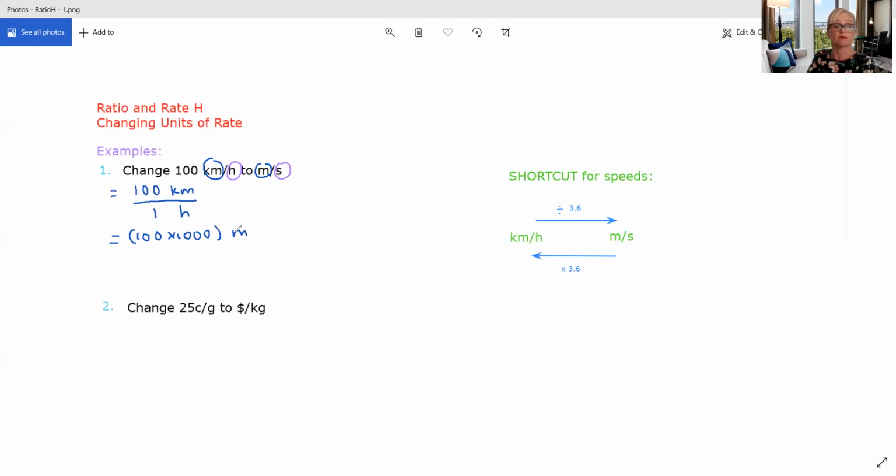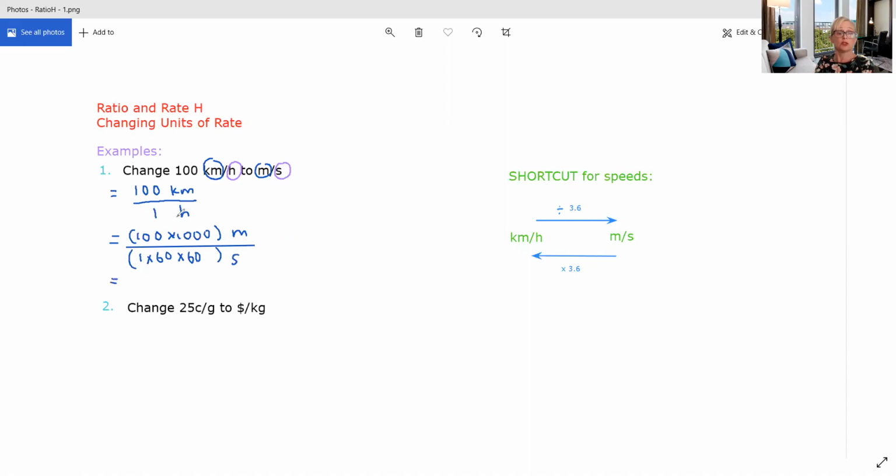I've put brackets around it for a very good reason, which I'll explain in a minute. That's going to be over. How do I change hours into seconds? Well, 1 hour has 60 minutes, which has 60 seconds. So that's 3,600 seconds.